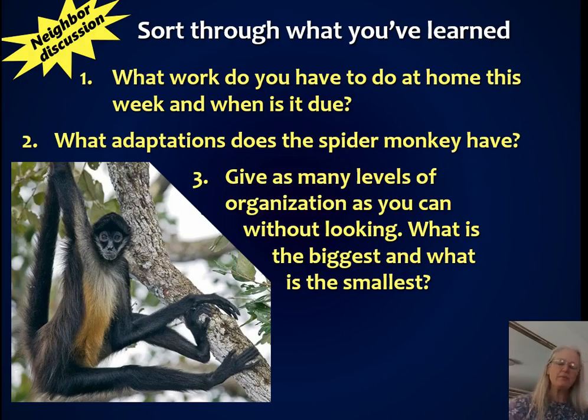Again, hopefully you've made your calendar and you have your to-do all sorted out for question 1. Okay, and question 3 is actually about this video. So give as many levels of organization as you can without looking, okay? Do a little bit of review here. What's the biggest level? What's the smallest level? Take the next step and see if you can define them all.